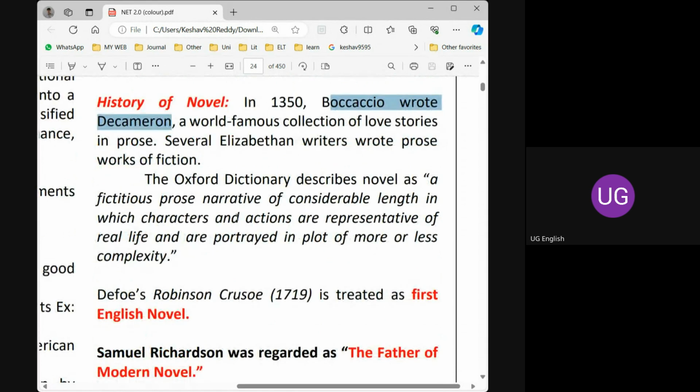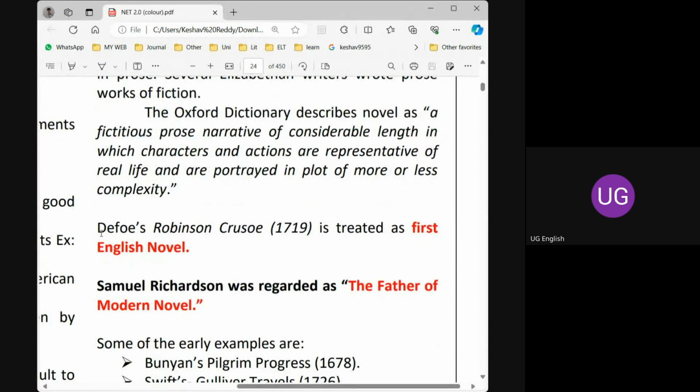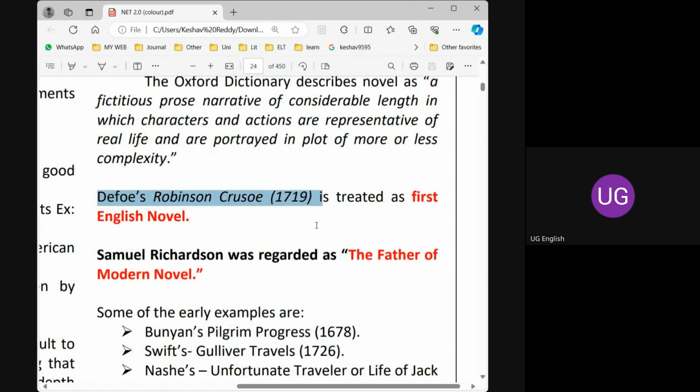And Defoe's Robinson Crusoe is treated as the first English novel. Of course, there are several other examples, but this is treated as the first English novel. And Samuel Richardson is also known as the father of the modern novel.